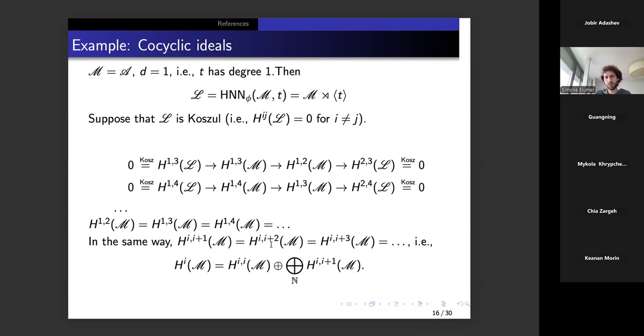So, for instance, if the ith cohomology is finite dimensional, then the second factor must vanish. And this implies that if the ith cohomology group is finite dimensional, then all the non-diagonal pieces are 0.